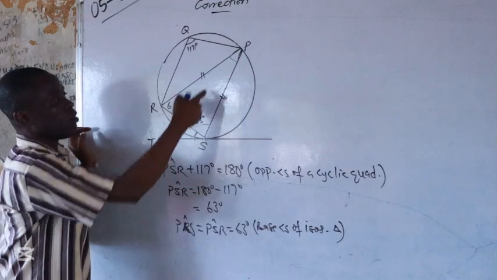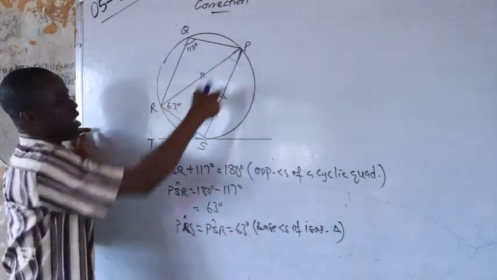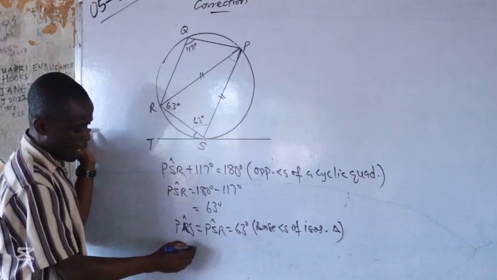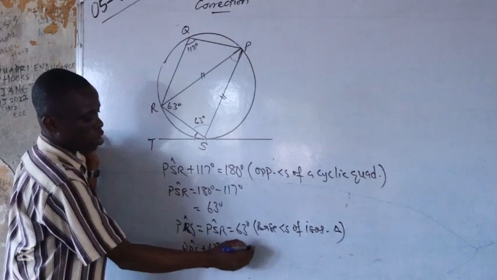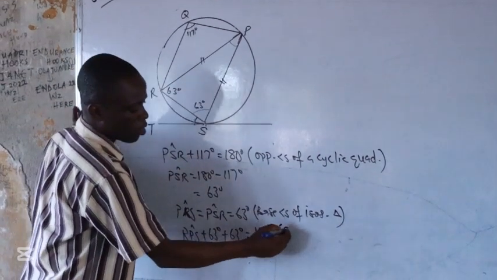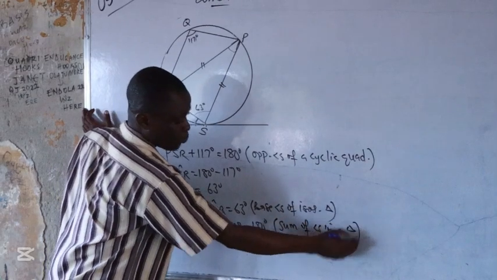So we can now use sum of angles in the triangle to get this angle. RPS plus 63 equals 180. That is the sum of angles in a triangle.